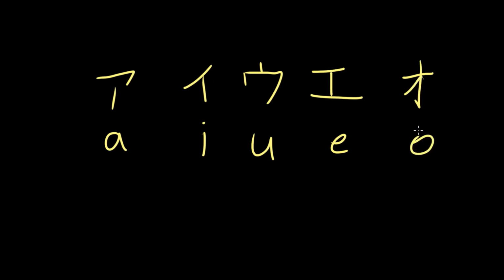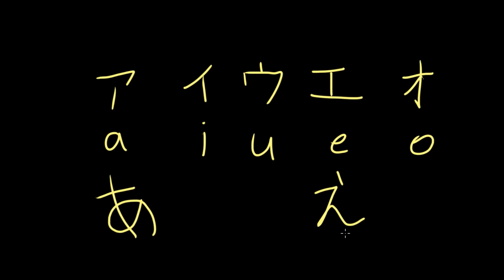You can probably notice that katakana is a bit sharper, it's got more corners than hiragana. Hiragana is quite smooth and rounded. For example, a hiragana a is very round, or an e, it's got more roundness to it, whereas katakana is very sharp and pointy.